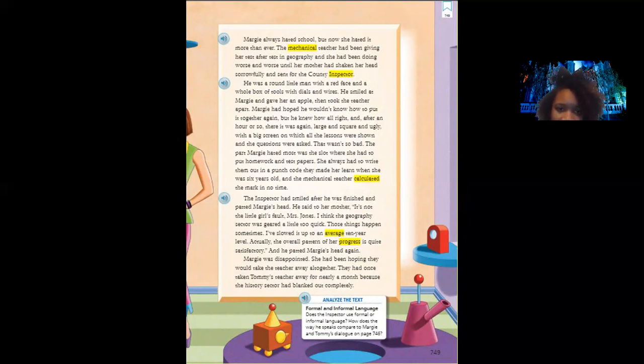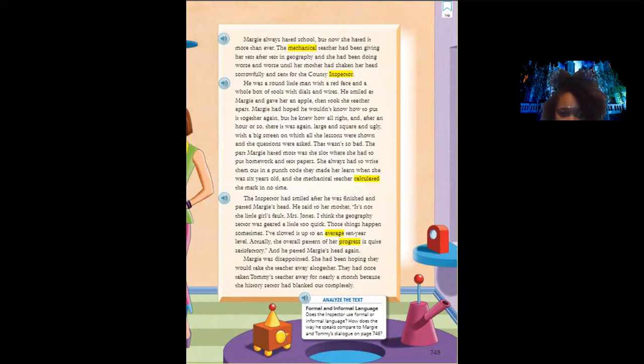That wasn't so bad. The part Margie hated most was the slot where she had to put homework and test papers. She always had to write them out in a punch code they made her learn when she was 6 years old, and the mechanical teacher calculated the mark in no time. The inspector had smiled after he was finished and patted Margie's head. He said to her mother, "It's not the little girl's fault, Mrs. Jones. I think the geography sector was geared a little too quick.